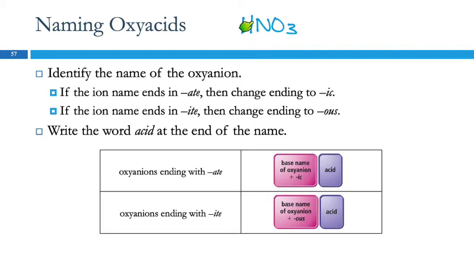So if I cover up the H, what do I have left? You have NO3, which is a polyatomic ion that was on the list of things you're supposed to memorize, right? So the name of this acid is going to be based on the name of the oxyanion. So this oxyanion's name is nitrate.